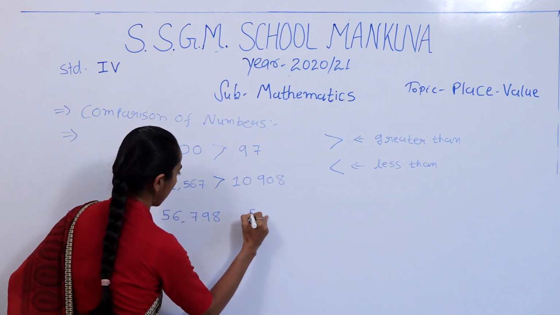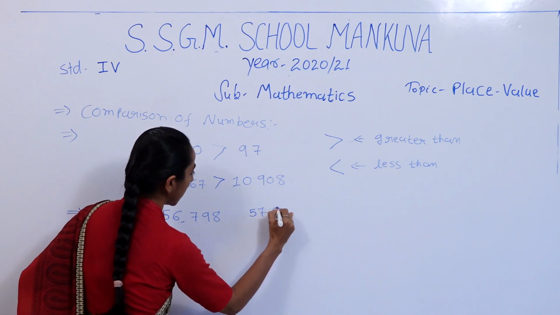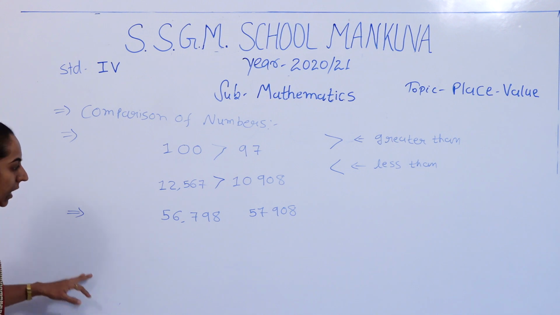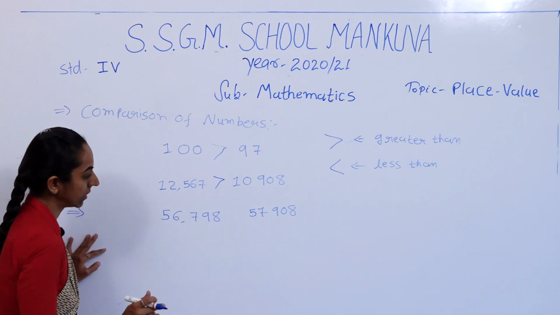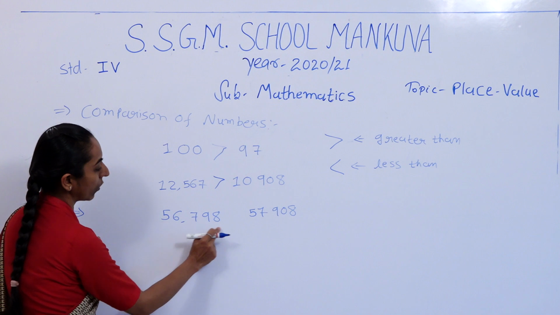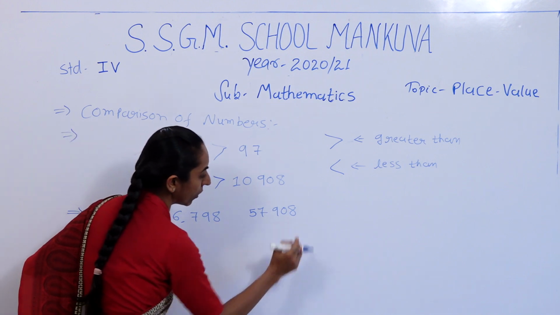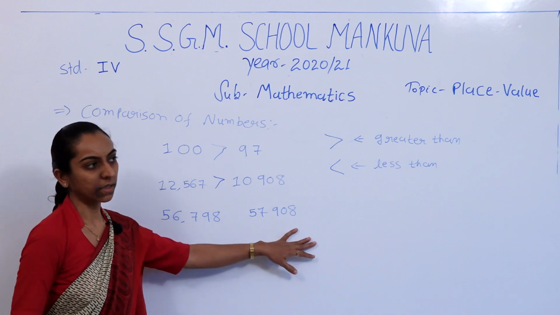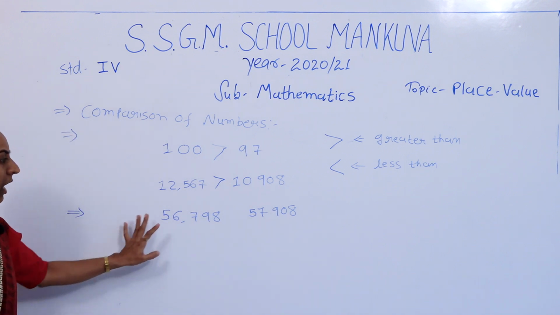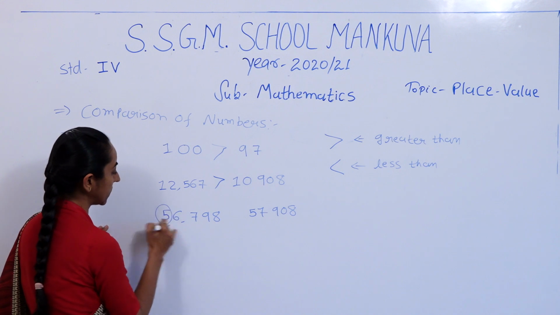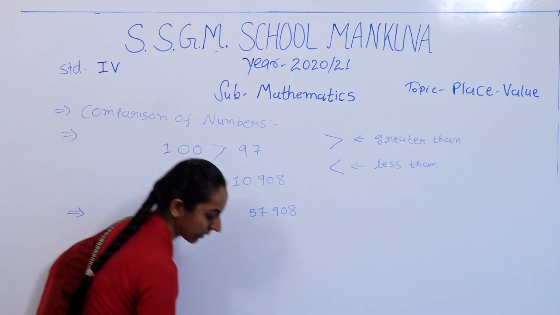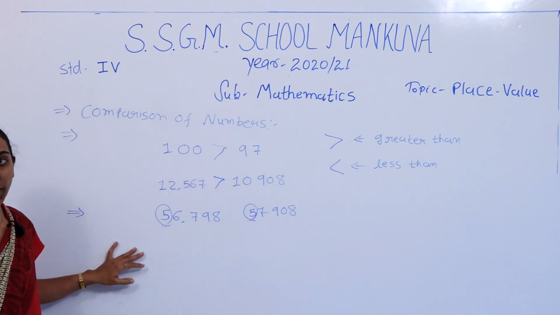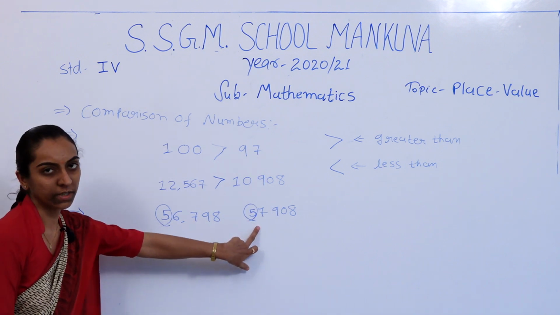For example, 56,798 and 57,908. Okay, we count the digits: 1, 2, 3, 4, 5 and 1, 2, 3, 4, 5. That means the number of digits is the same. Now let's see the first digit, 5 and 5. This is also the same.